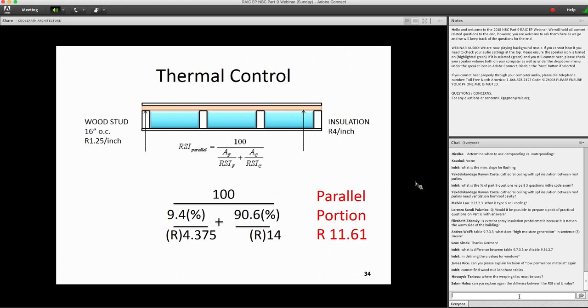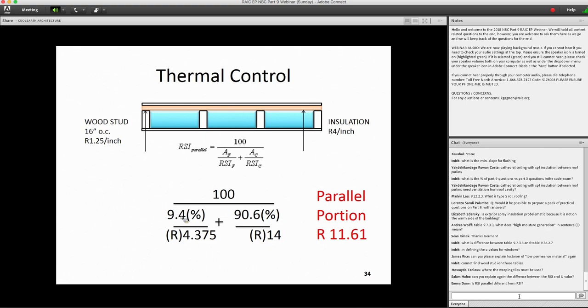Yes, so let's go. The example on that page is very similar to the example that I'm showing you here. It's saying that the area of framing is actually 23%, and the area of the cavity is 77%. So instead of having 9.4 here, it has 23%, and here it has 77%.